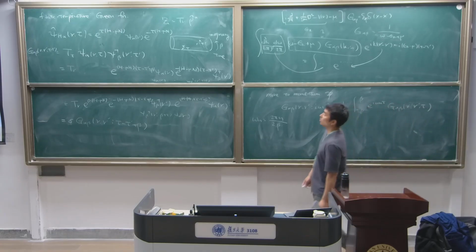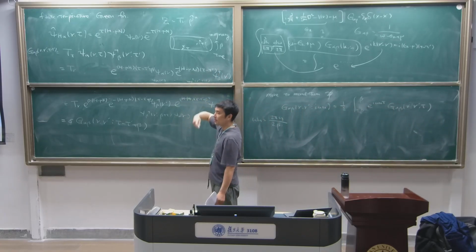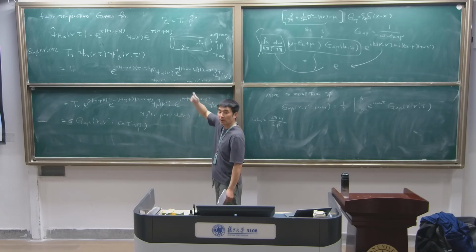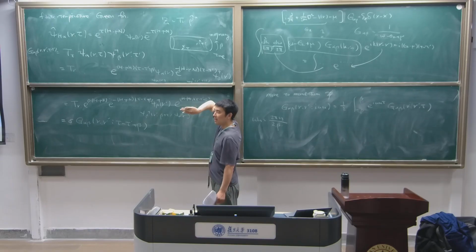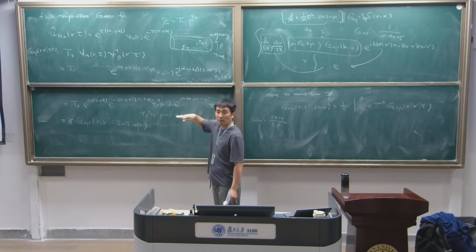So this means that they want to do a beta rotation. For boson, you just have a periodic boundary condition. You assume periodic boundary condition. However, for fermion, if you apply the beta time translation, you get the anti-periodic identification.